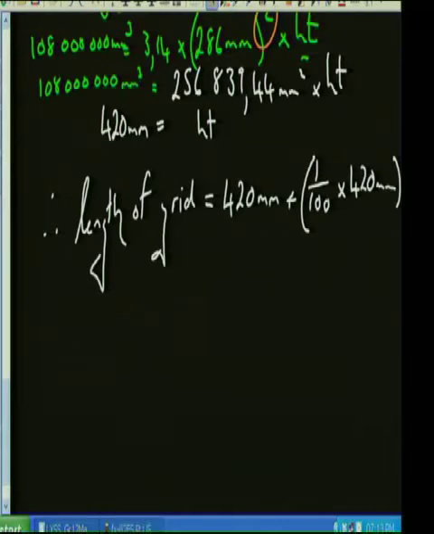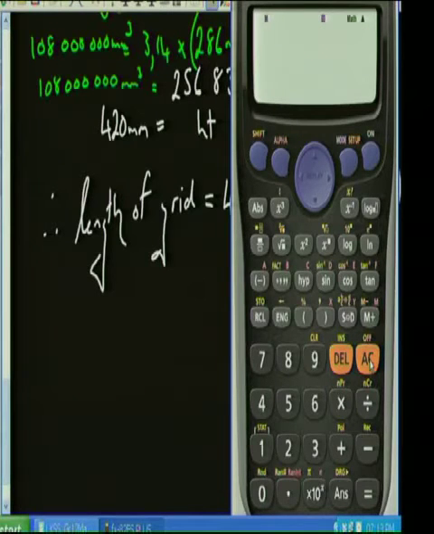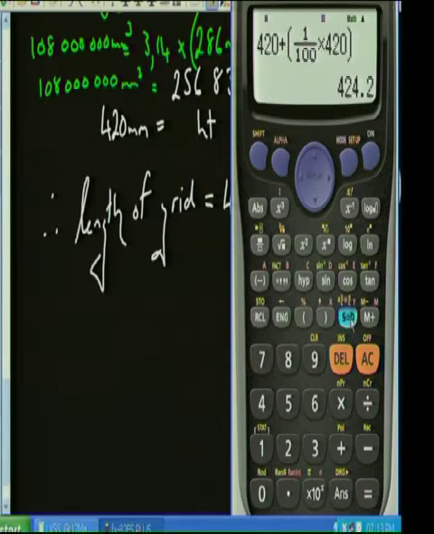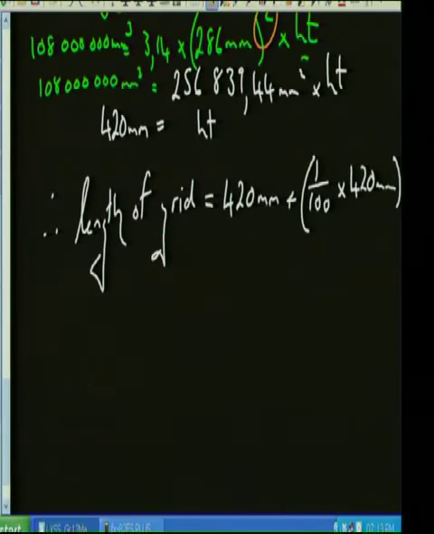So let's do that on our calculator. We're going to say I've got 420 plus 1% of 420 equals, and my answer now works out to 424.2.